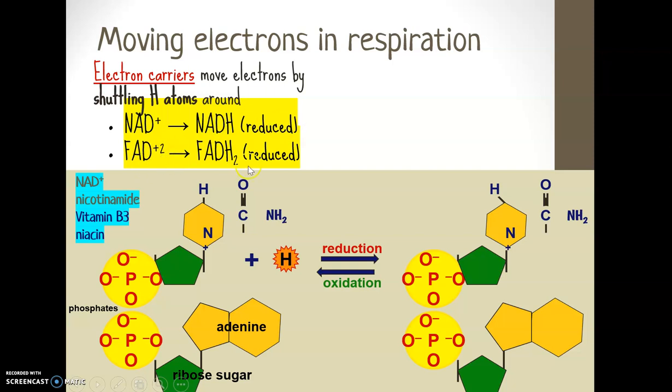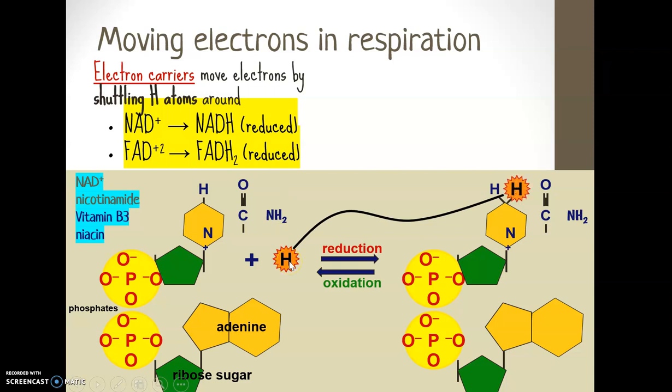FAD plus 2 gains electrons from our hydrogen, so it's being reduced. Okay, so these are important molecules for the process of cellular respiration because they're going to be moving our electrons around, so that way we can make sure the correct oxidation and reduction is happening at the correct step of cellular respiration.